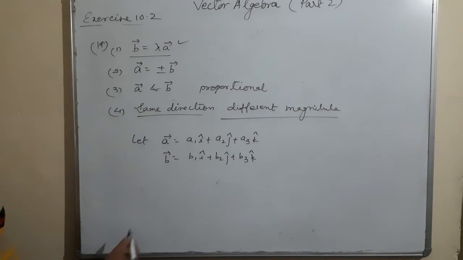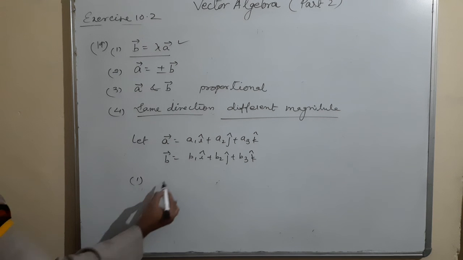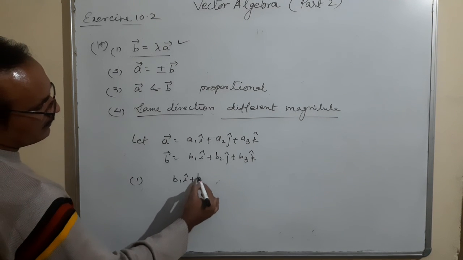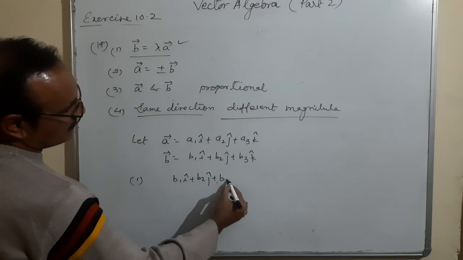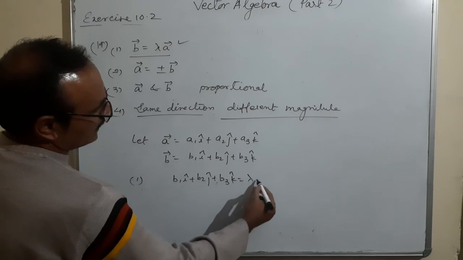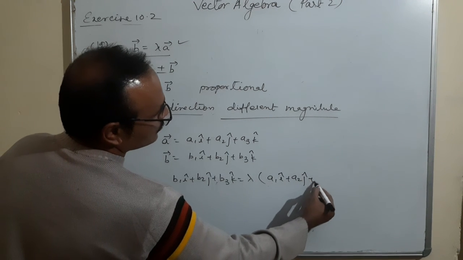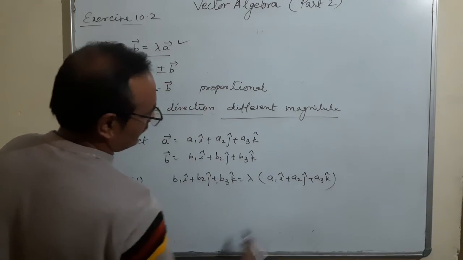In the first part, B1i plus B2j plus B3k is equal to lambda times A1i plus A2j plus A3k.